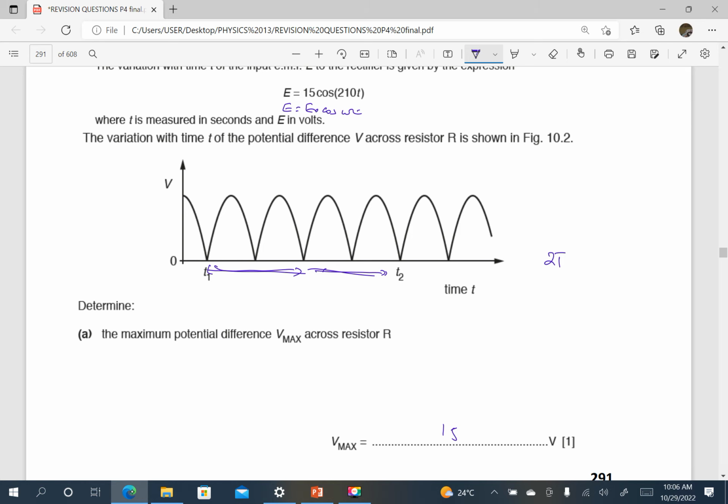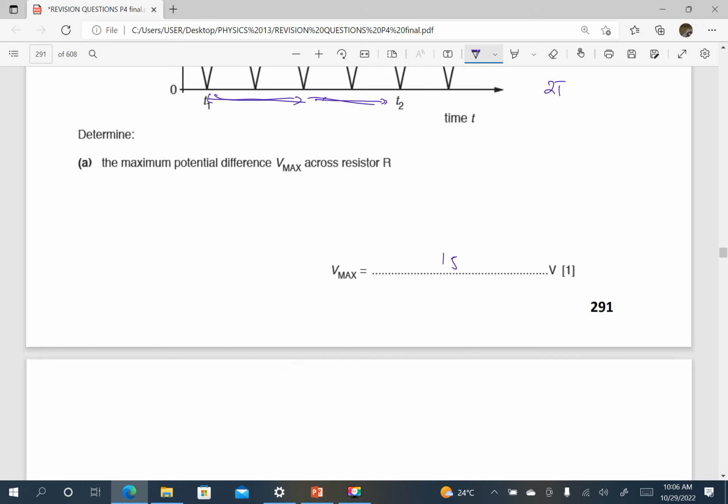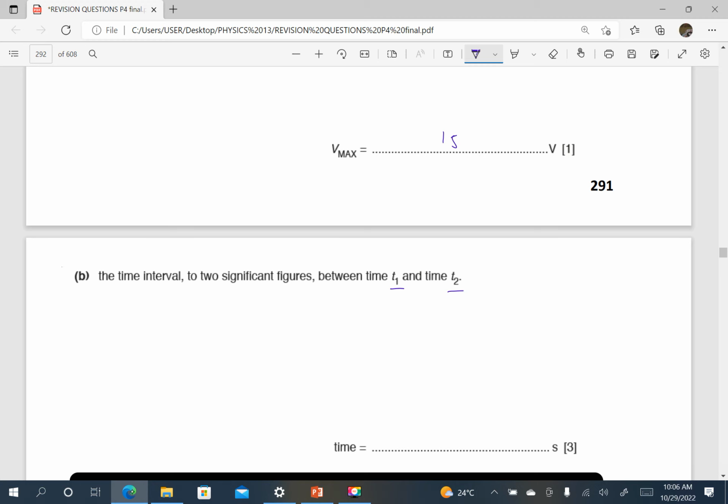Note that omega is 210. We know that omega is 2 pi over T. And T therefore, with omega equal to 210 as from the equation given, is 2 pi divided by 210.